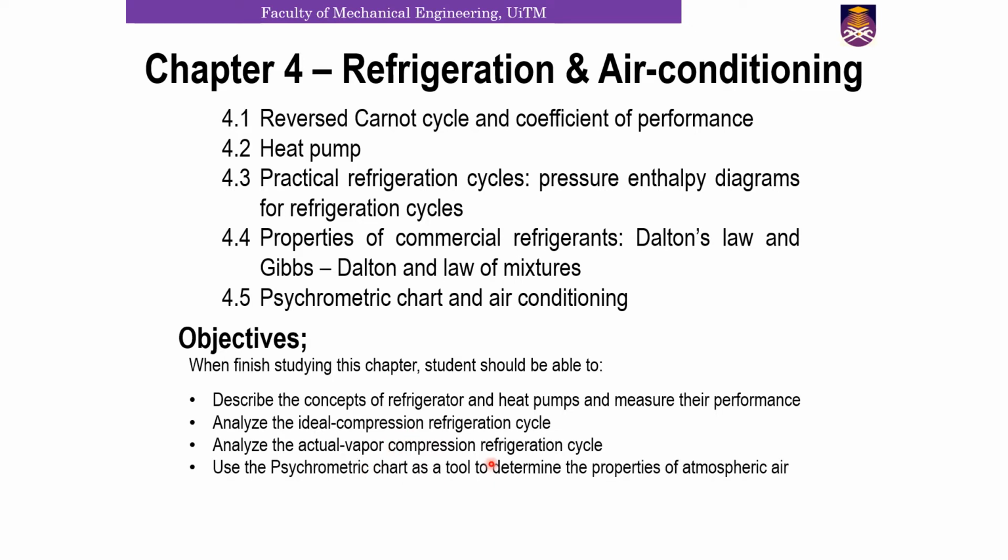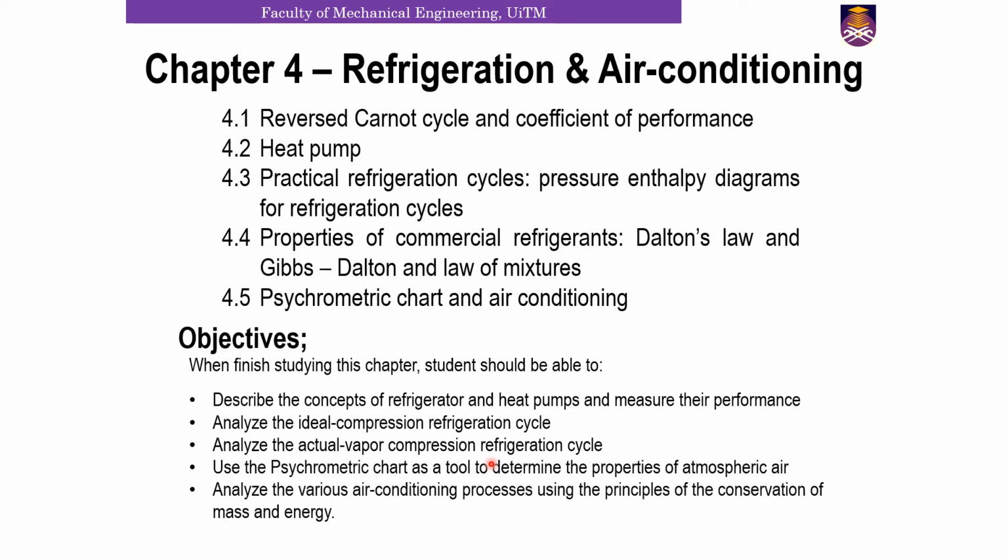Then we have another objective on how to use the psychometric chart as a tool to determine the properties of atmospheric air. These are the objectives that you need to know in order to master this chapter 4 under refrigeration and air conditioning.